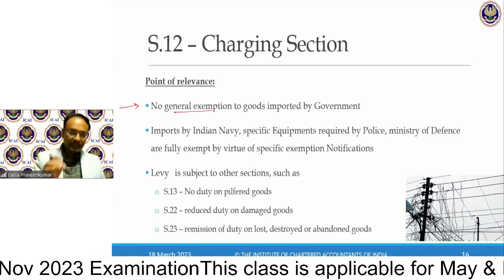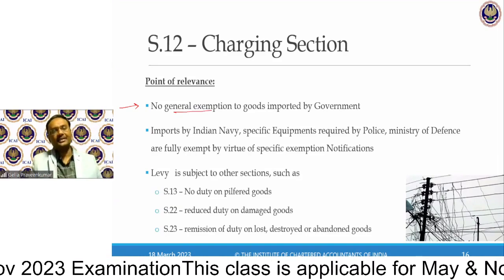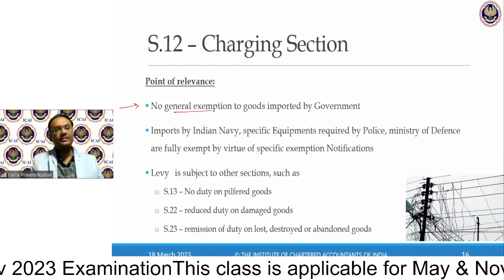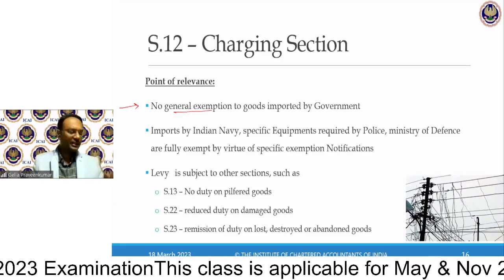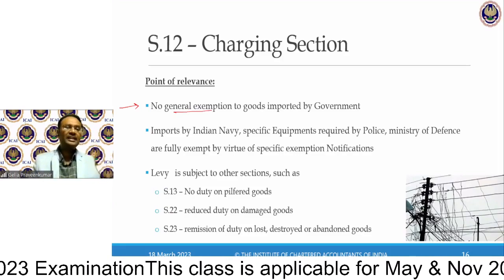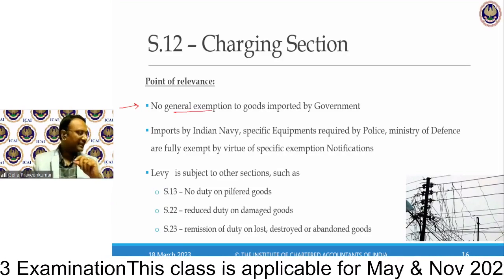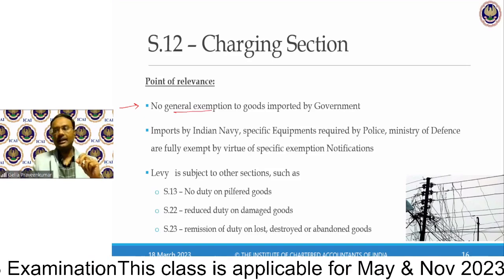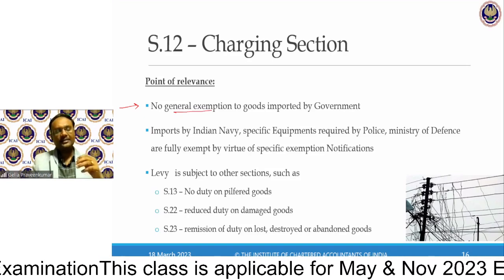Now, whenever we read this section 12, which talks about the levy charging section, there are 3 sections which we also need to keep in mind. Please write down in your working note. Section 13 hyphen pilferage. Next bullet point.